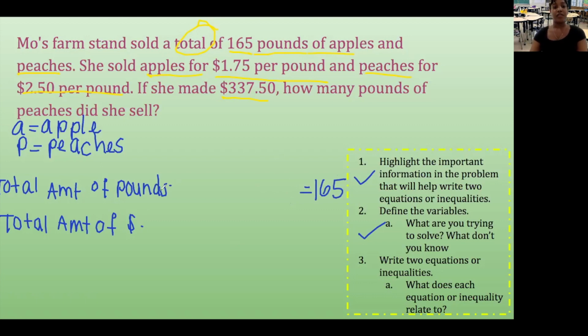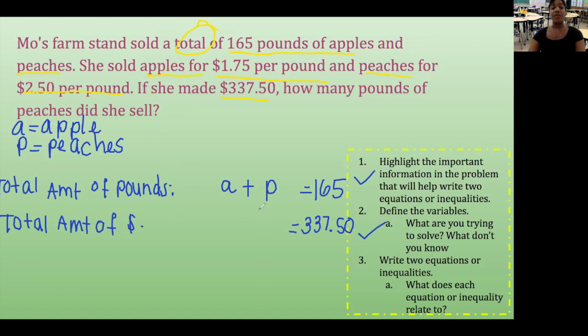In addition, the total amount that she made is $337.50. We don't know exactly how much of each she sold, but we do know it was peaches and apples. Total means to add. So peaches plus apples equals 165.